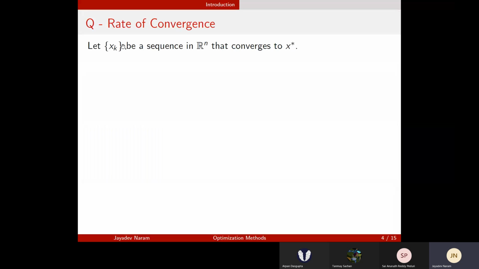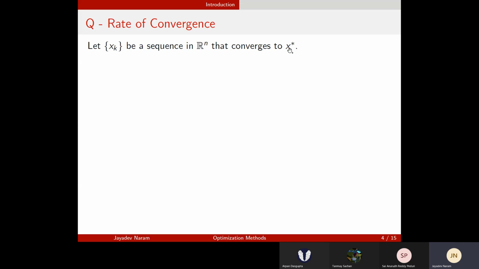We also need to know a little about the rate of convergence. Let's say we have a sequence xk in Rn, and say it converges to x star, that is, the limit as k tends to infinity of xk is equal to x star.